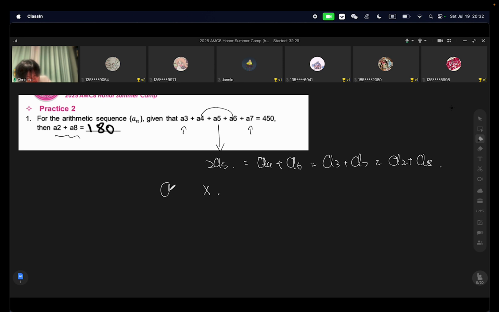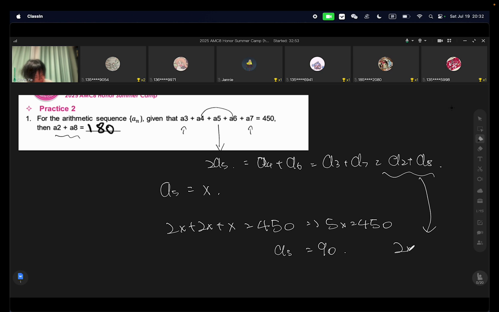Then that means we have 2x plus 2x plus x equals 450. 5x equals 450, and A5 is going to be 90. Now that we know that A2 plus A8 is going to be the same as 2 times A5, that will be 2 times 90 equals 180.